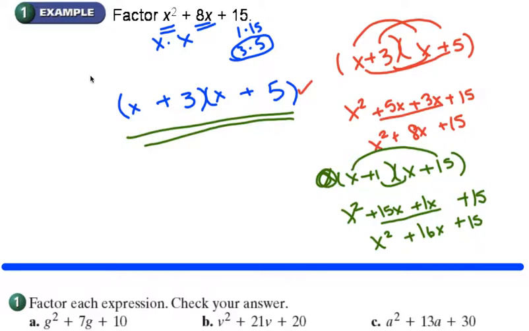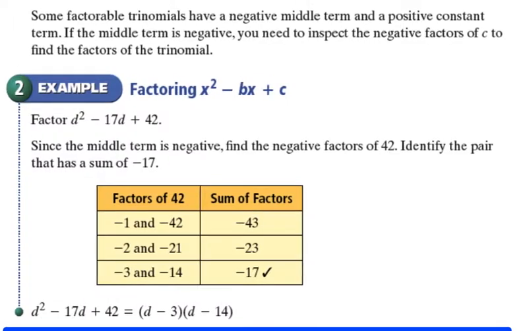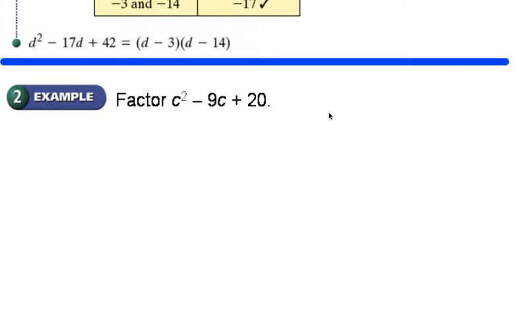Okay, let's go ahead and complicate things a little bit more. Now we're going to be looking at what happens if my last term is positive, right, like this one. Okay, it's positive, so I know I have to have the same signs, but this one is negative.